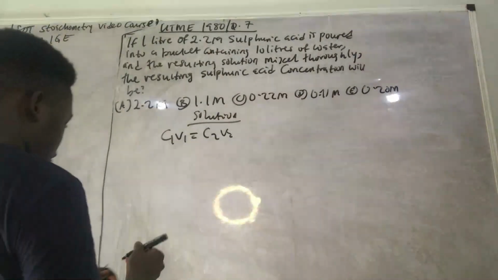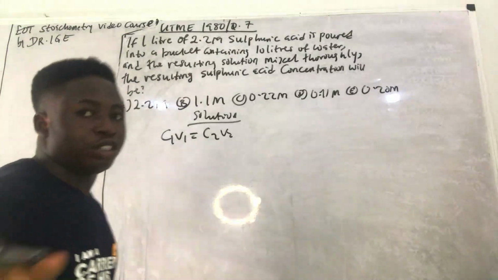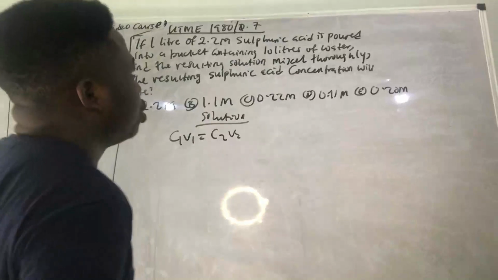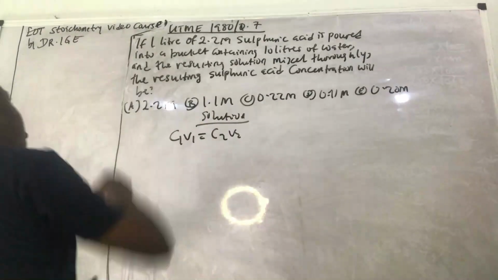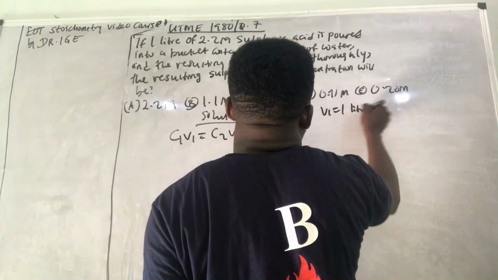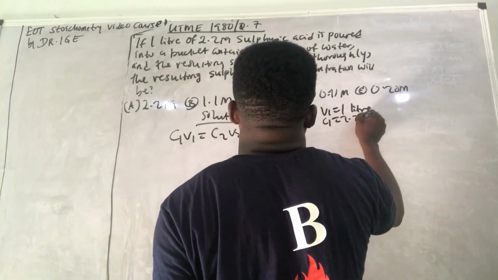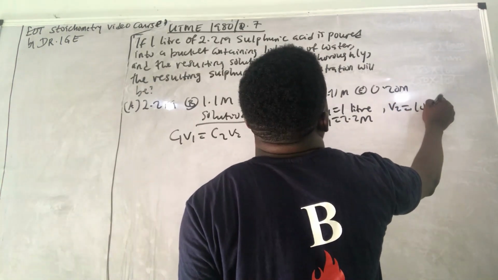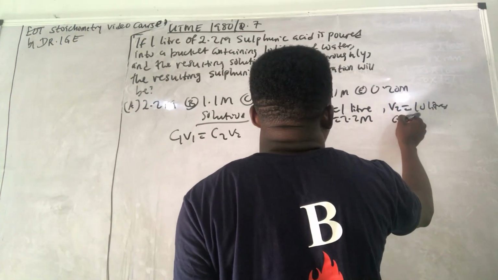Now look at this. What every JAMB candidate wants to do at this point is just to say, okay, V1 is 1 liter, C1 is 2.2, and then V2 is 10 liters from the equation. C2 we don't know.